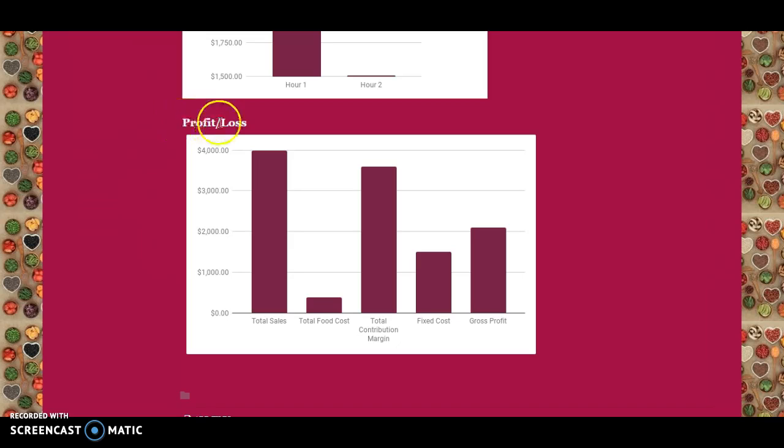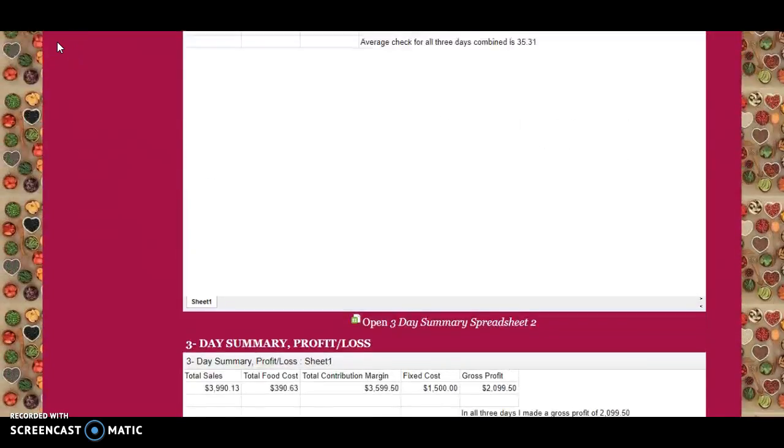The total profit and loss, you can see total sales were about $4,000. Total food cost was like 130 something, I forget. Total contribution margin was 3,500. The fixed cost was 1,500, and your gross profit was just over 2,000, which was at the $2,099 mark that I told you before. So those are all the numbers for my 3-day summary.